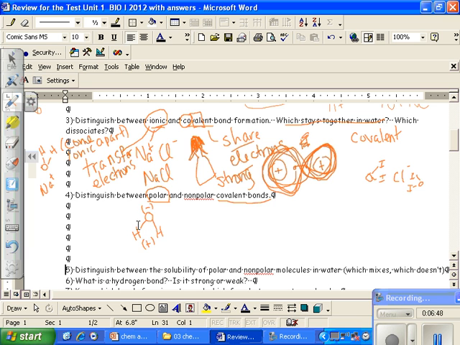So water is polar, and the electrons are not shared evenly. It's a little bit lopsided with the electrons spending more time with the oxygen.